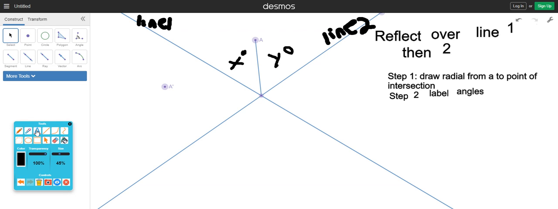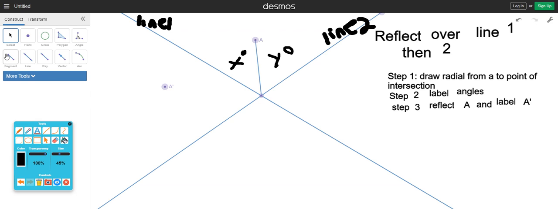So we got to go back to those steps again. Step 3, reflect A and label A prime.